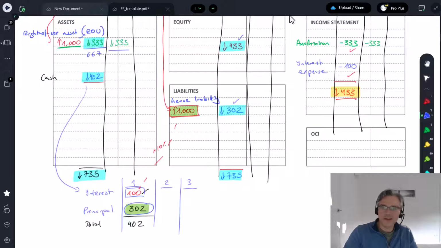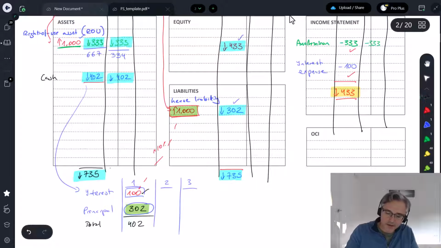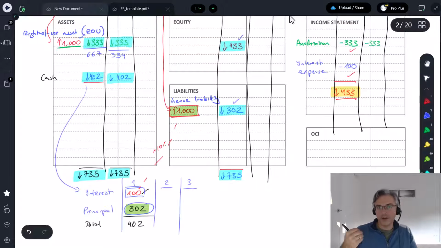If this was 667, if you deduct 333, the balance now stands at 334. We have another reduction in cash of 402. So as you can hopefully see, when I combine the movements that happen on the asset side, they will give another 735 downward change, a drop.